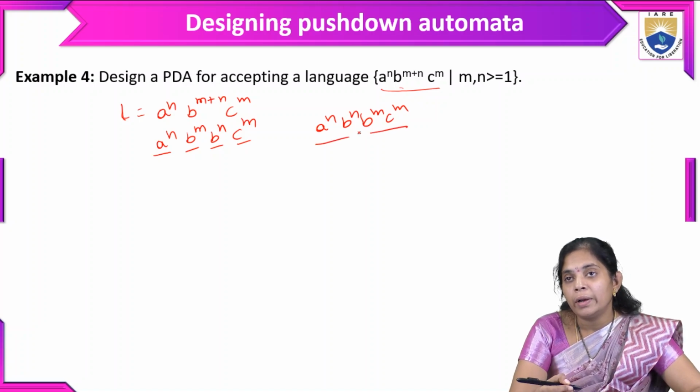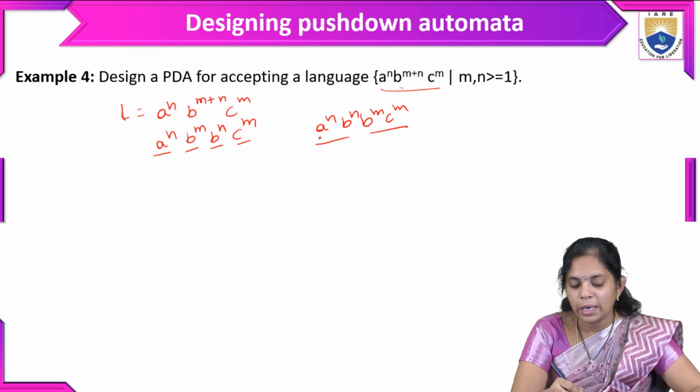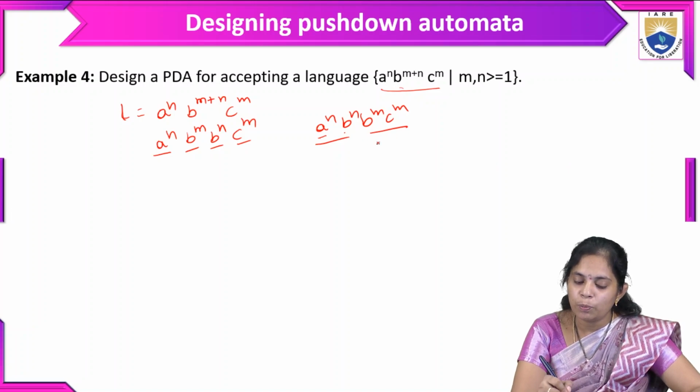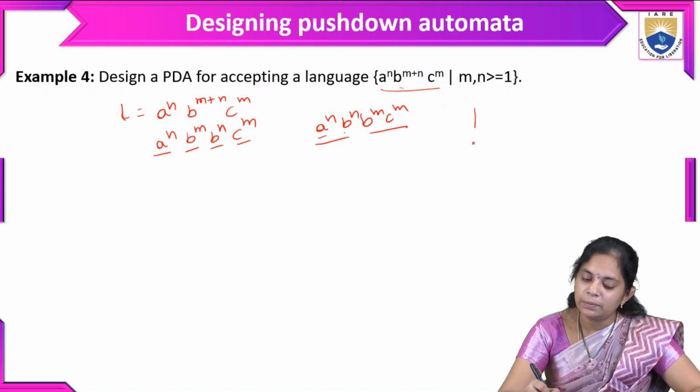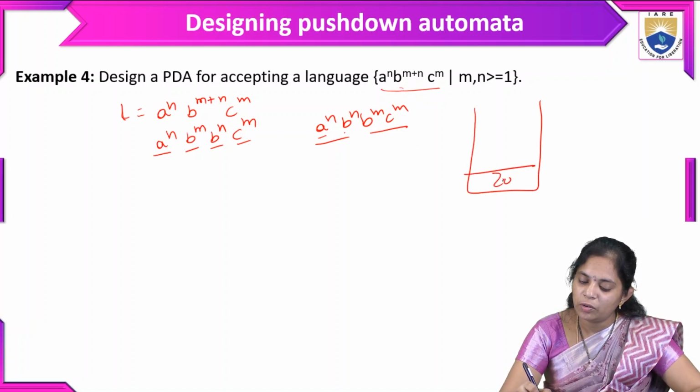While reading the A input, we need to push the A values into the stack, and while reading B, we need to pop the A values from the stack. Suppose Z0 is there.